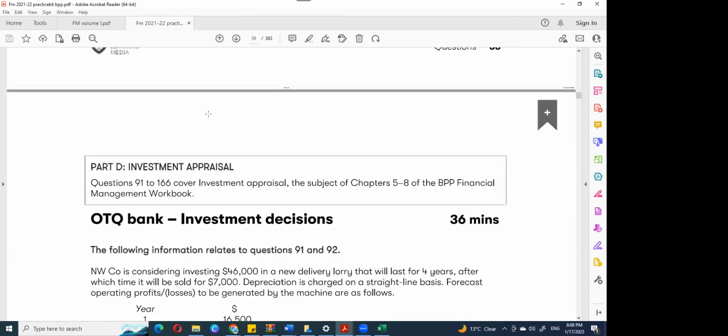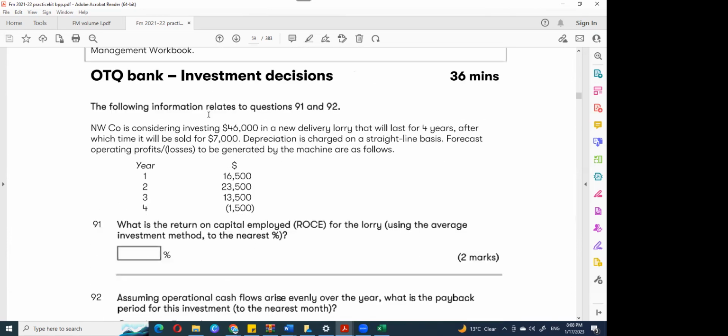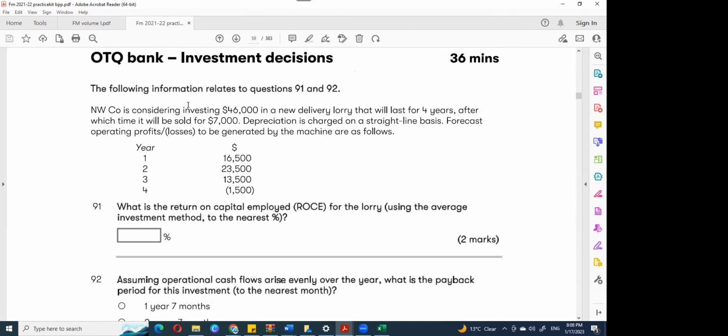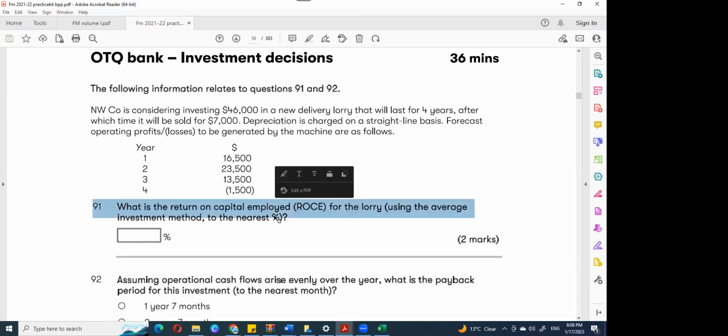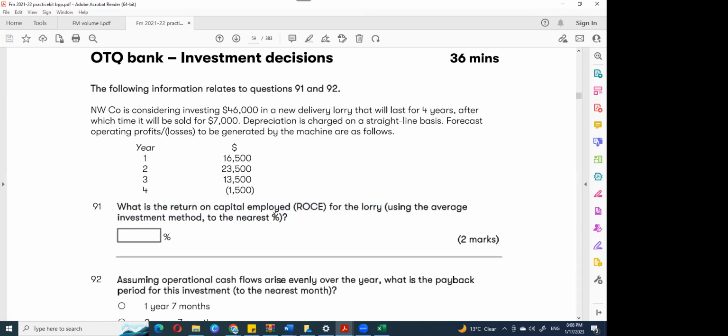Okay, students, here we are. The question is in front of you people. What is the return on capital employed? What is the ARR for the lorry using the average investment method? Nearest whole number. Remember that, no decimal point.